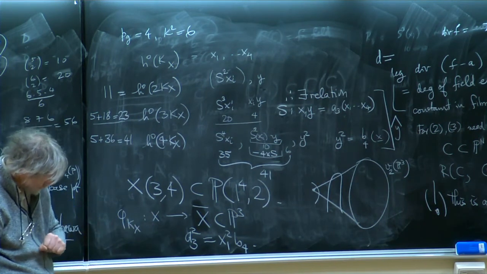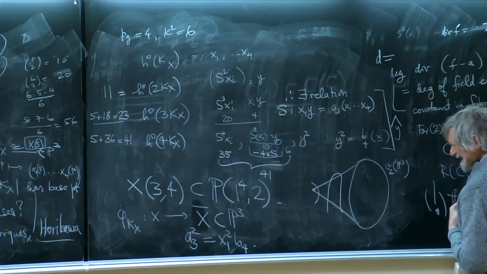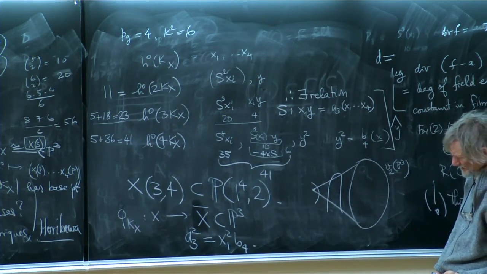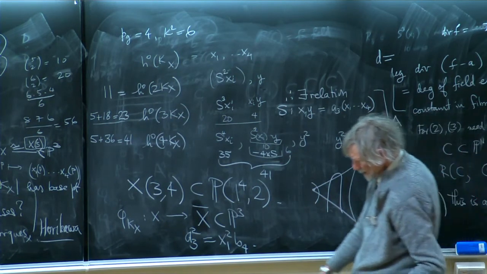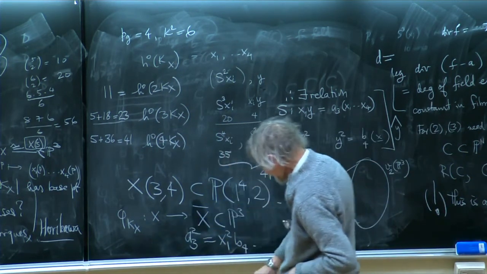What do we get? This is a sextic hypersurface, a hypersurface of degree 6, which is very good because it's the image under this divisor of degree 6.